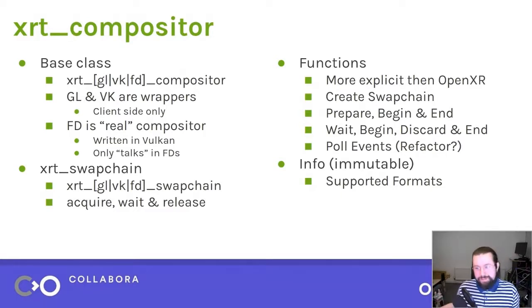There are also swap chains, which correlate basically one-to-one to the swap chains in the OpenXR API. It has more functions. It's more explicit, again, because the OpenXR state tracker that sits above this takes care of any implicit states and turns them into explicit states or function calls, which makes it easier to implement the compositor, and we push all the complexity up into the state tracker that sits between all of these, the important code and the application.